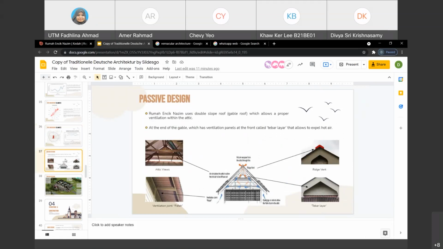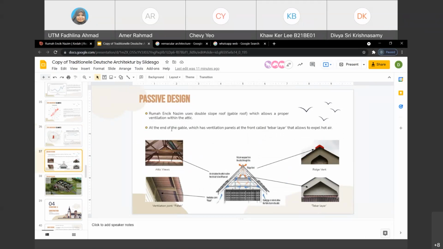Here is the passive design. Rumah Encik Nazim uses a double slope roof, or gable roof, which allows proper ventilation within the attic and expels rainwater to the ground.